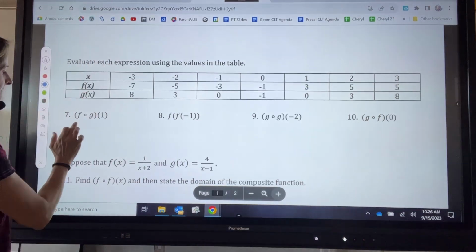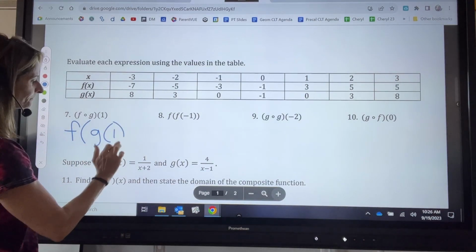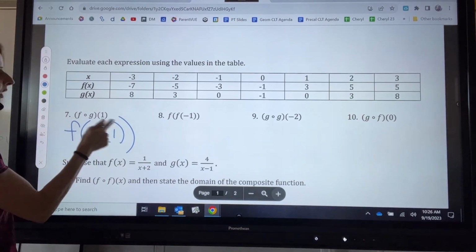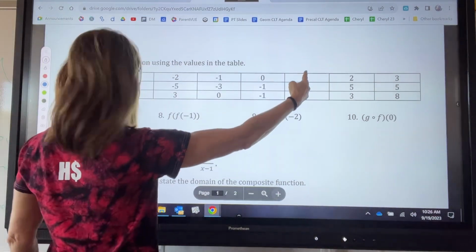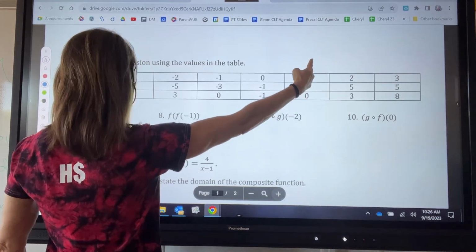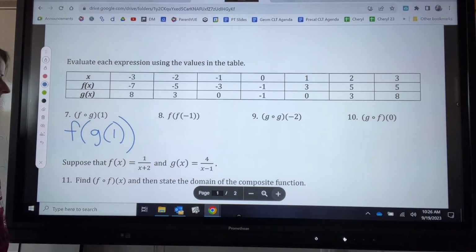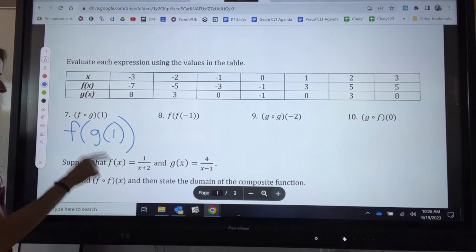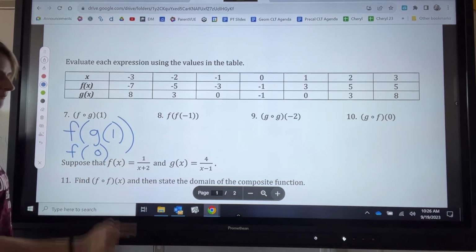For number 7, we'll start with what this notation means. This is f of g of 1. So we're first going to figure out what g of 1 is. Our x value is 1. When x is 1, g of 1 is 0. So this is f of 0, substituting in 0 for g of 1.